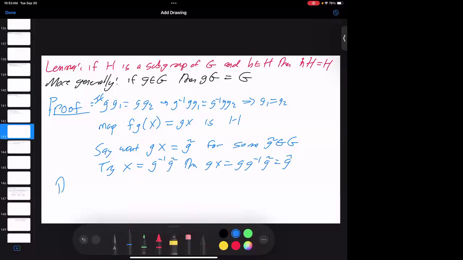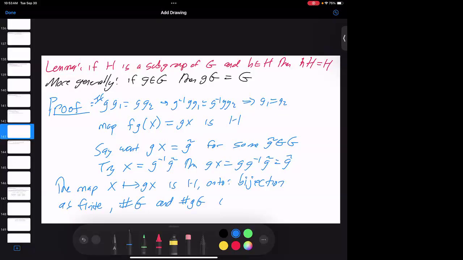So the map that sends x to gx is 1-to-1 and onto. It's a bijection. As G is finite, this means the number of elements in G and the number of elements in little g G is the same.